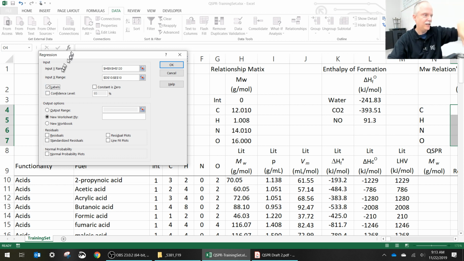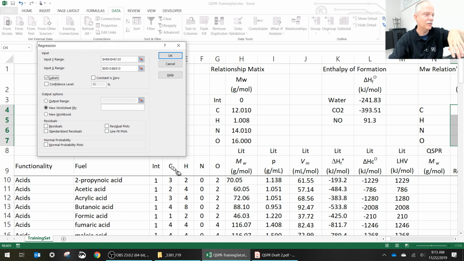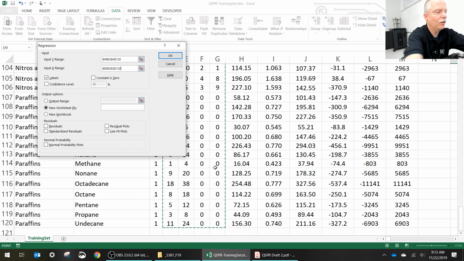This will be helpful because later on when we get the structure matrix, we'll see CHNO in our regression output. And so then in the input X range, we're going to grab the carbon, hydrogen, nitrogen, oxygen labels and go all the way down. So we're going from D9 to G120. So it's going over 4 columns and down 120 rows.